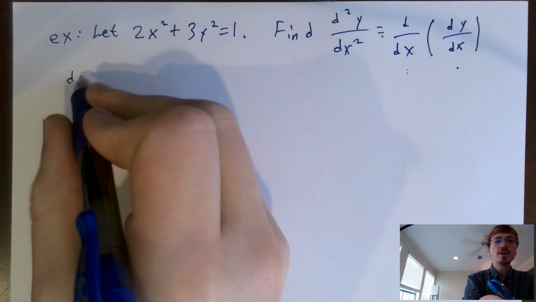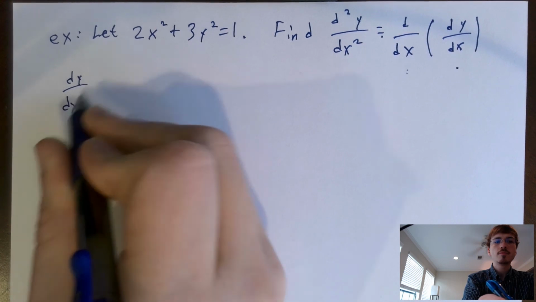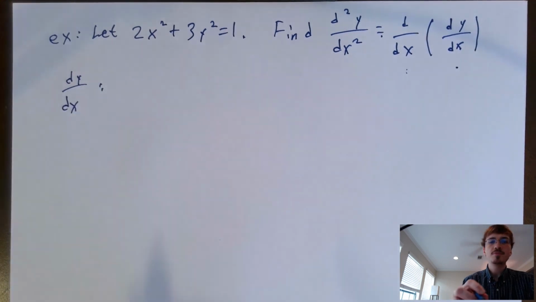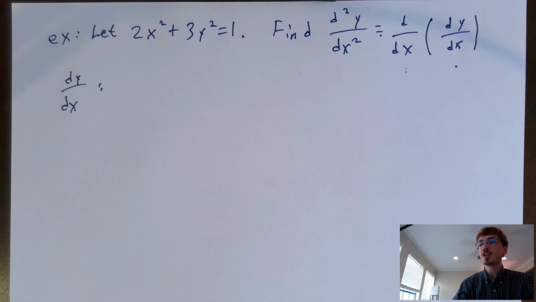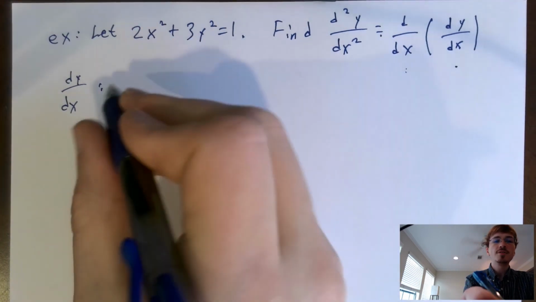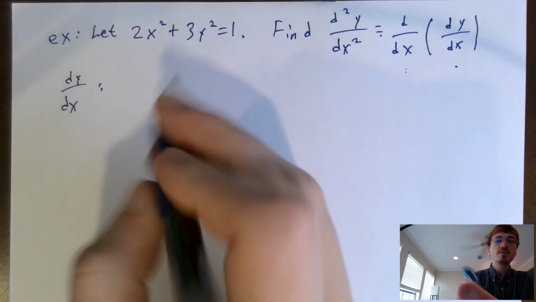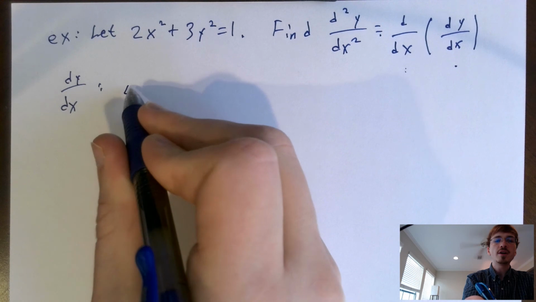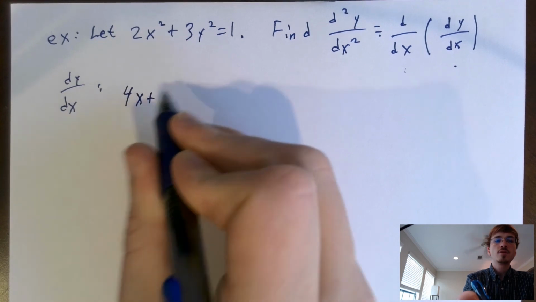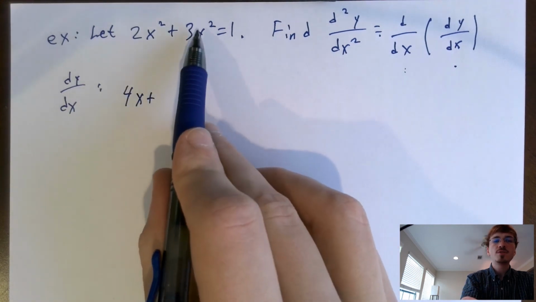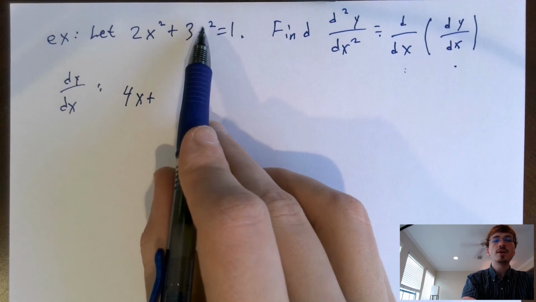How do we find dy/dx? Let's do that first. Well, we need to differentiate both sides with respect to x. Pause the video, give it a shot. You have all the tools that you need. All right. So differentiating the left-hand side, it's going to be 4x plus, what's the derivative of 3 stuff squared?